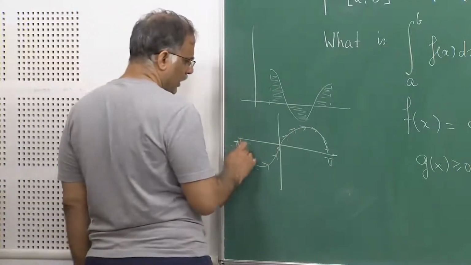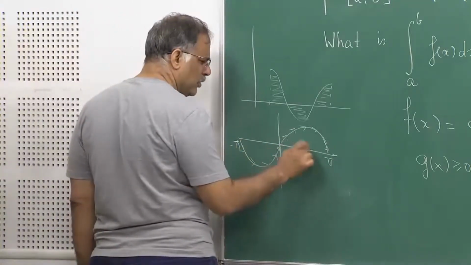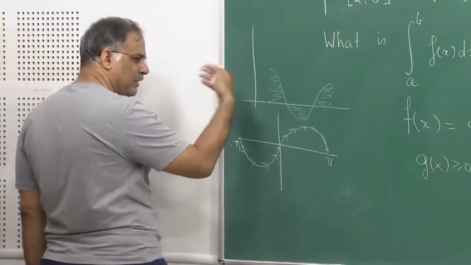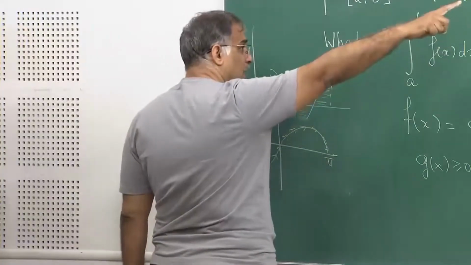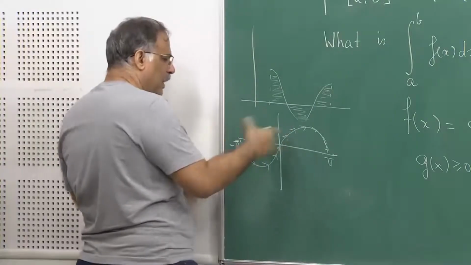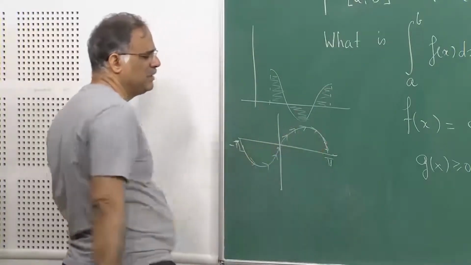So I can actually break it into minus pi to 0 and 0 to pi, but from 0 to pi again, that negativeness would come the way it has been defined. And then when you add the two negative things, they will cancel.